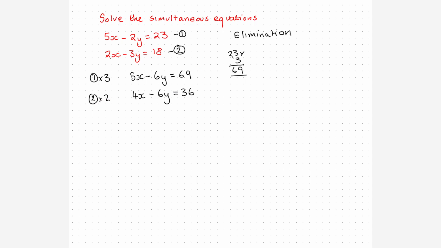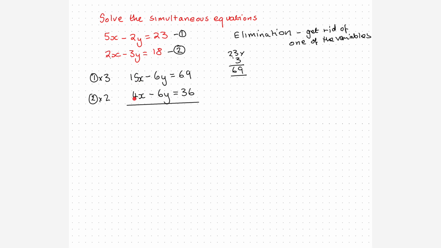I want you here to spot my deliberate mistake. What have I done? I think you might be able to see here I have not multiplied the 5x by 3. So 5x times 3 is 15x. Now I end up with two equations where I can eliminate one of the variables. So here I can get rid of the y by taking them away. Let's do that.